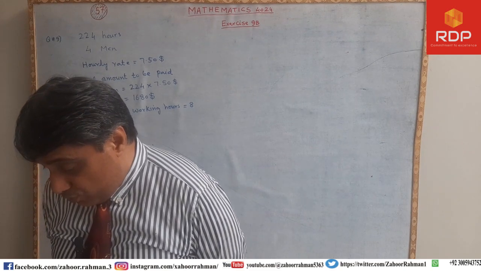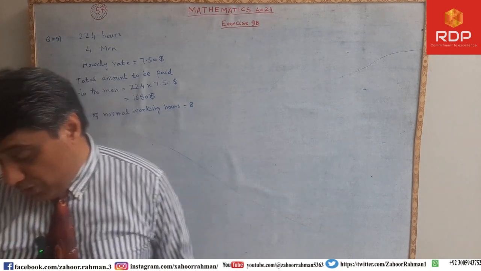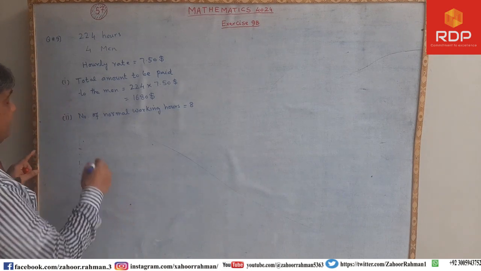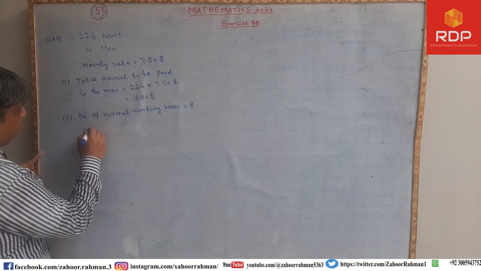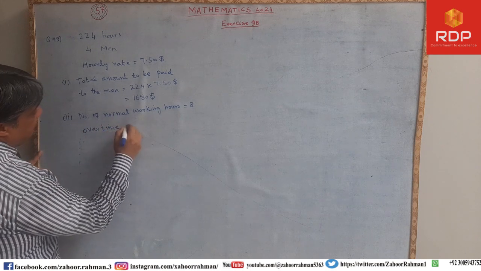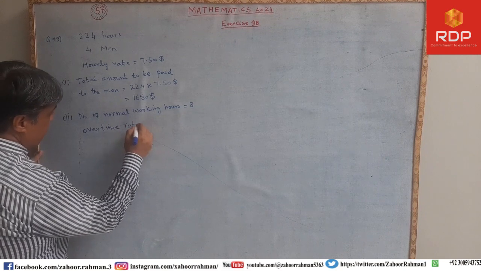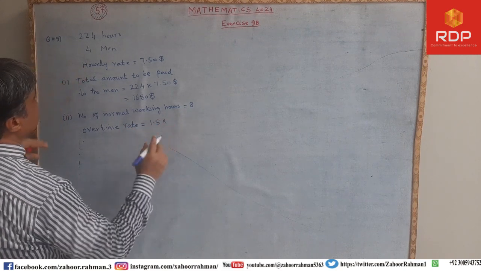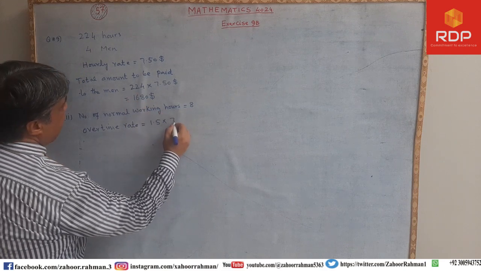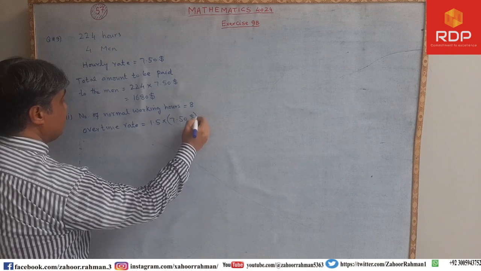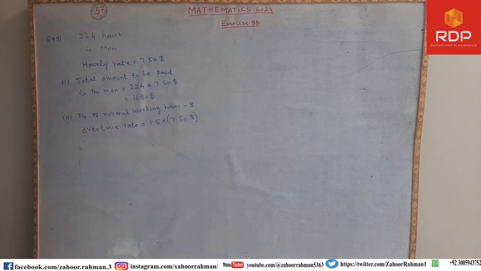Given that their overtime rate is 1.5 times the hourly rate, overtime rate is equal to 1.5 of $7.50. That is 1.5 times, and this is the rule.